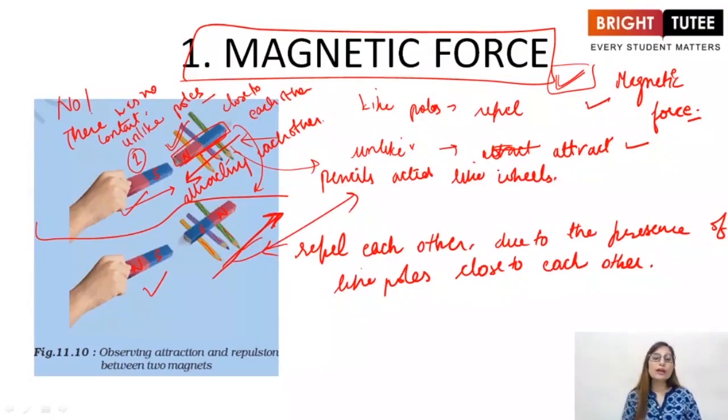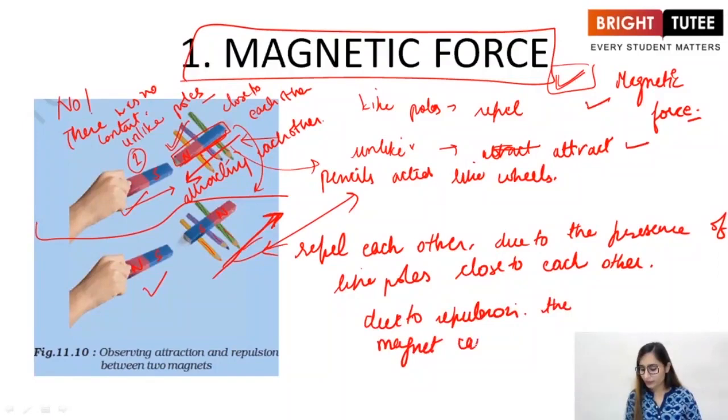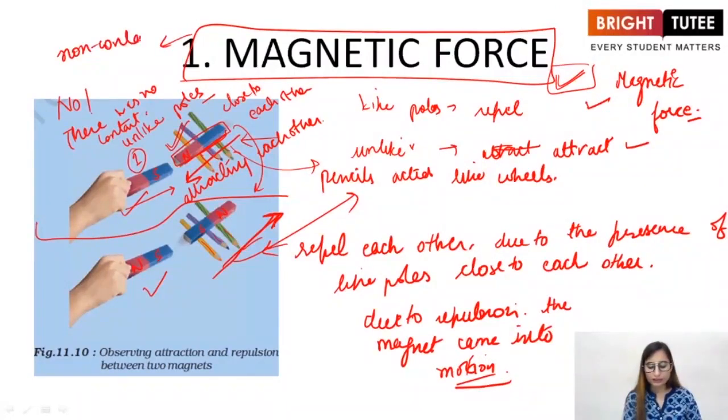So here also, due to magnetic force, due to repulsion, the magnet came into motion, right? So magnetic force is a force that does not require any contact to come into action. So this is a non-contact force, and in this force there is no necessity of any contact, and magnets attract and repel each other without contacting each other, right?